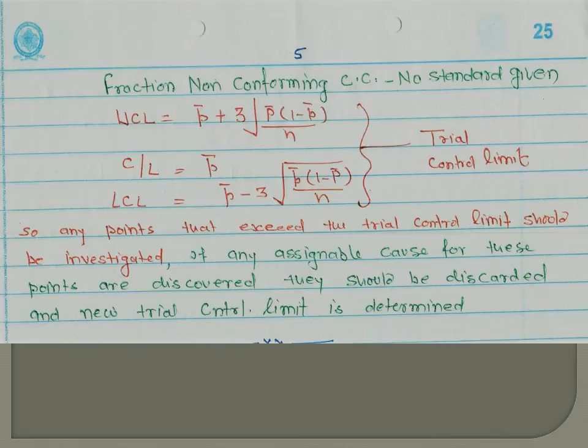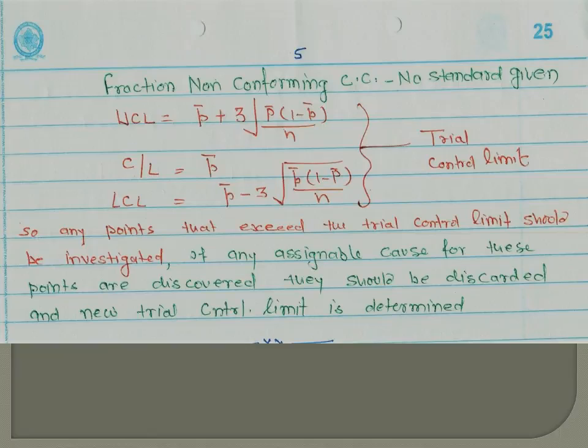So any point that exceeds the trial control limits should be investigated. Whenever we plot the proportion of fraction defective on a P chart, and if any value crosses the upper or lower control limit, then we have to investigate why a particular point comes outside the control limits.